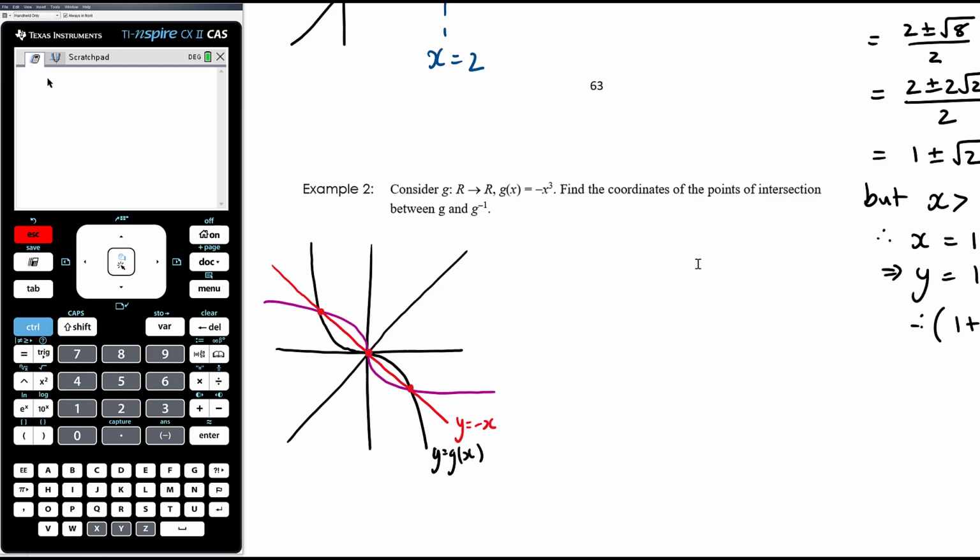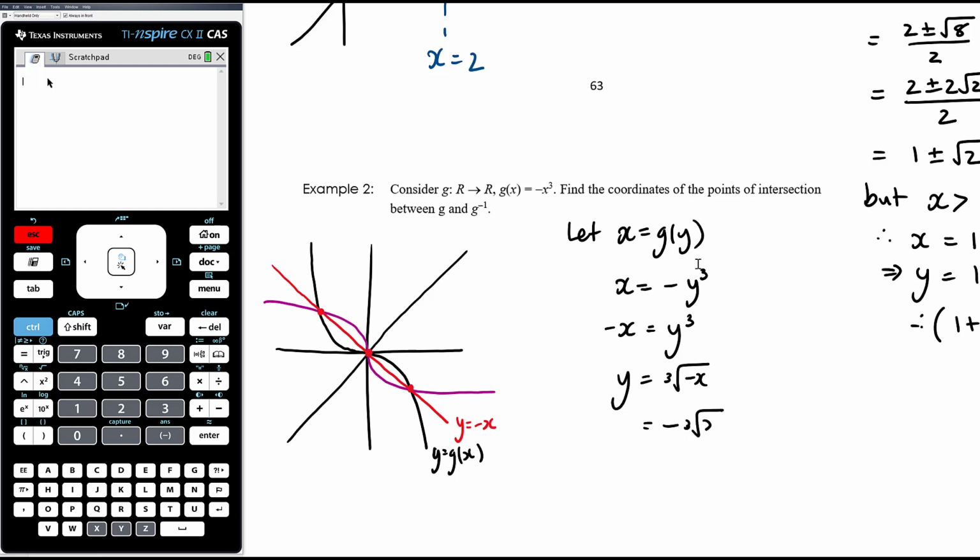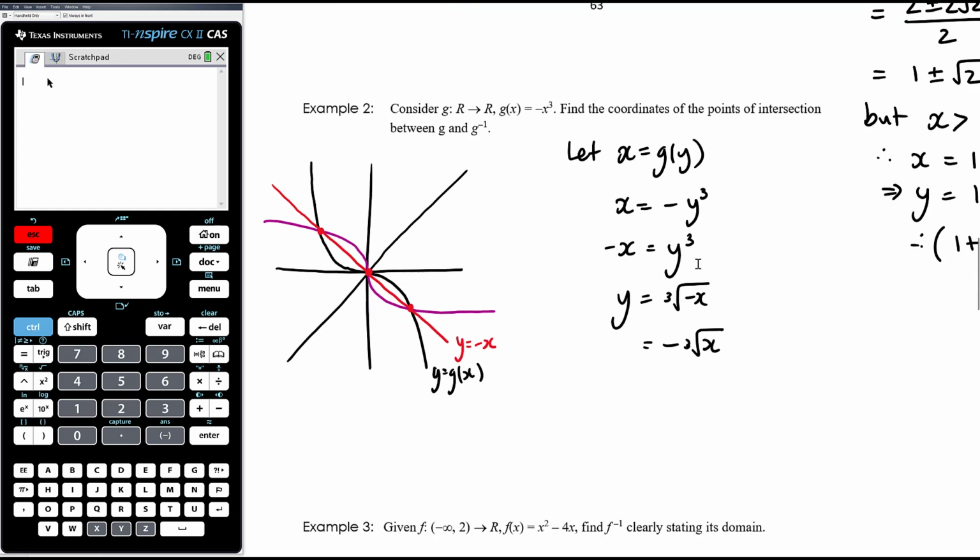Alright, so let's find the inverse of G first, and we'll use that. That will be the more traditional way to do it. So let x equal G of y, which means that x equals negative y cubed, which means that negative x equals y cubed, which means that y is the cube root of negative x, which it's worth noting is the same as the negative cube root of x, because if we cube root a negative, we still get a negative.